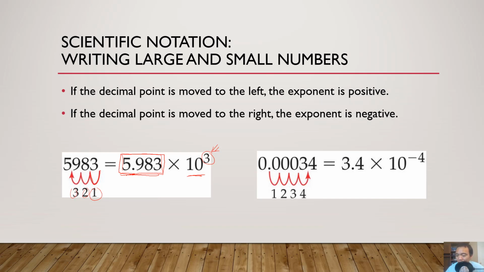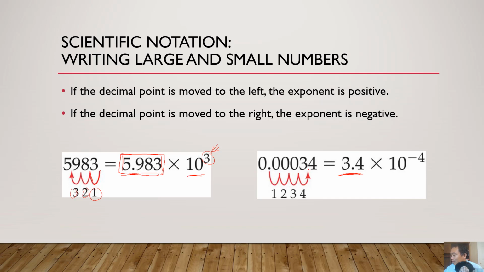So in contrast, you look at the number on your right side. You have 0.00034. Do remember, before you do conversion, you do recognize the pre-expo number or the decimal part must be between 1 and 10. So you do know the decimal point must be moved to this area.